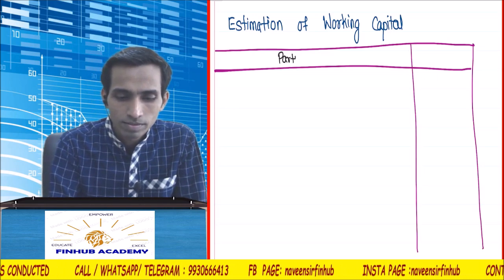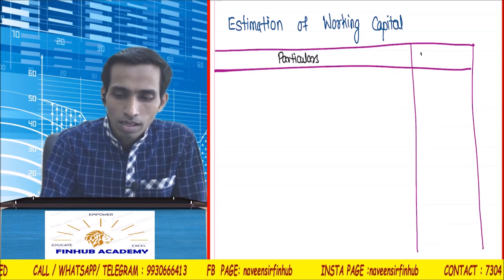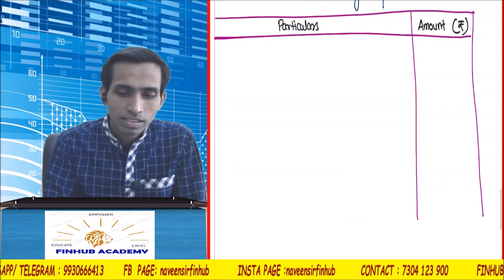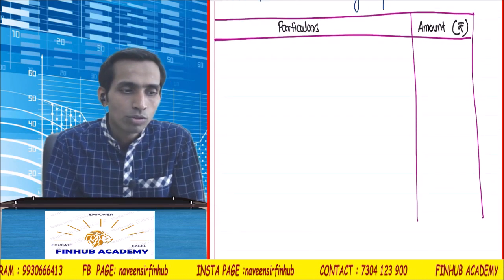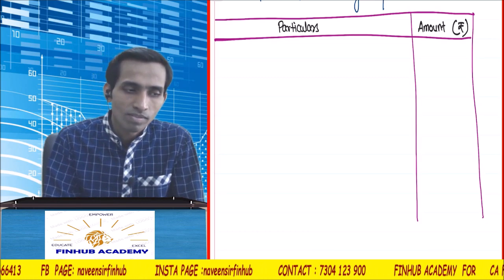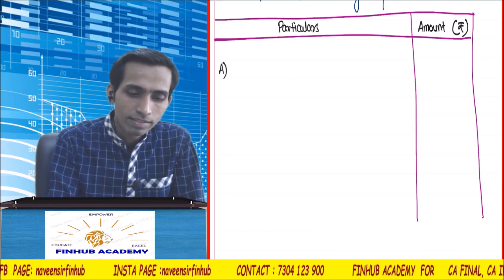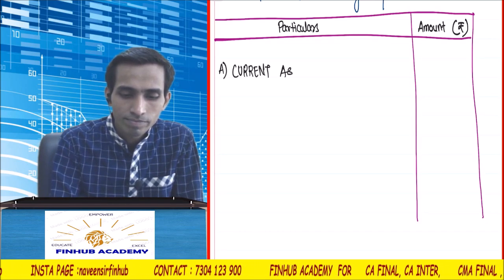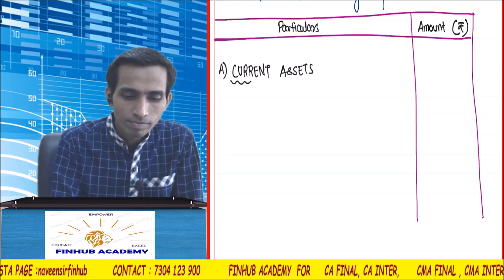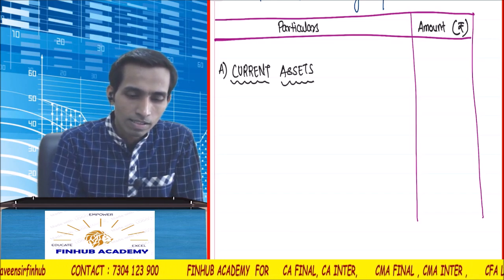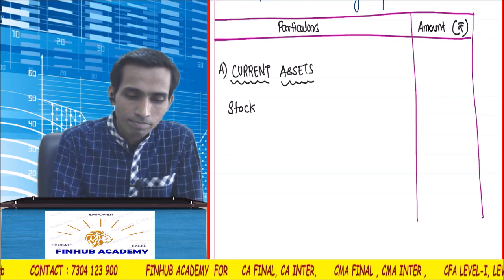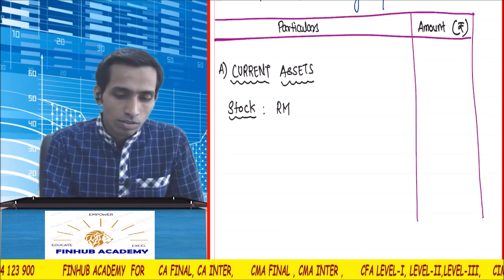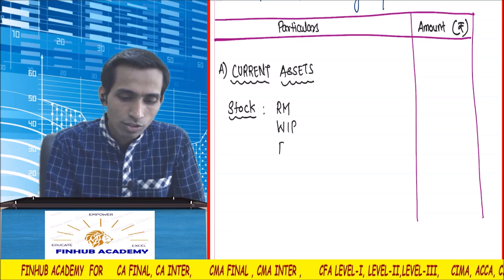Particulars, amount in rupees. Number A, current assets. In that, stock: raw material, WIP, finished goods.